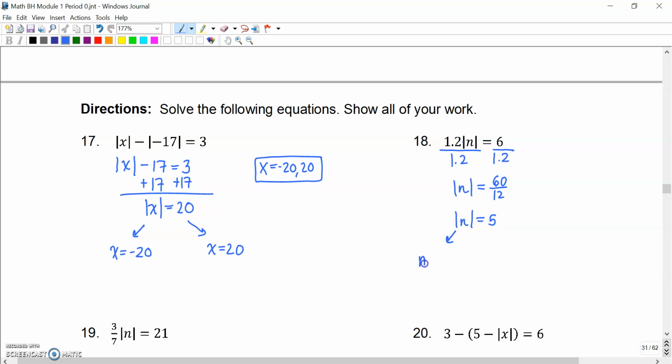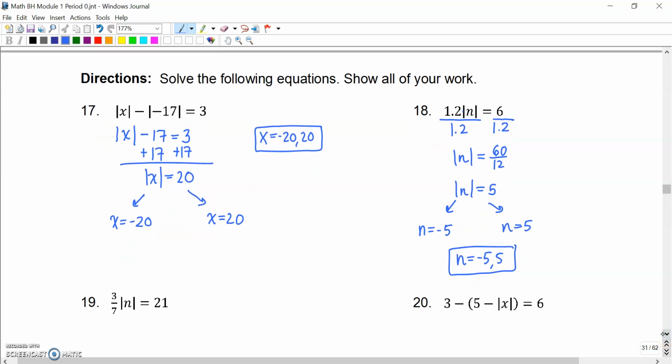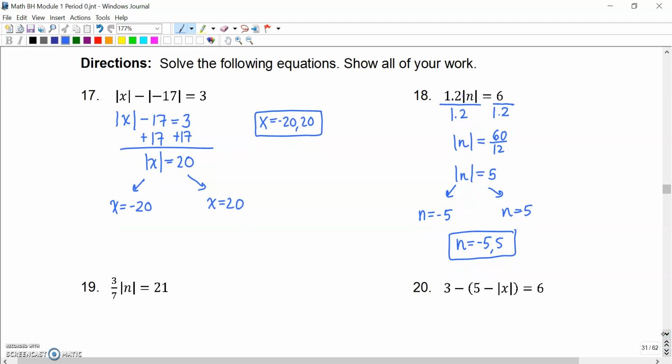I split, and I have my 2 equations and my 2 answers. So previous to this, when we solved equations, we either got 1 answer, no answers, or infinitely many. And now we're getting this new spot, which is that we have exactly 2 answers.